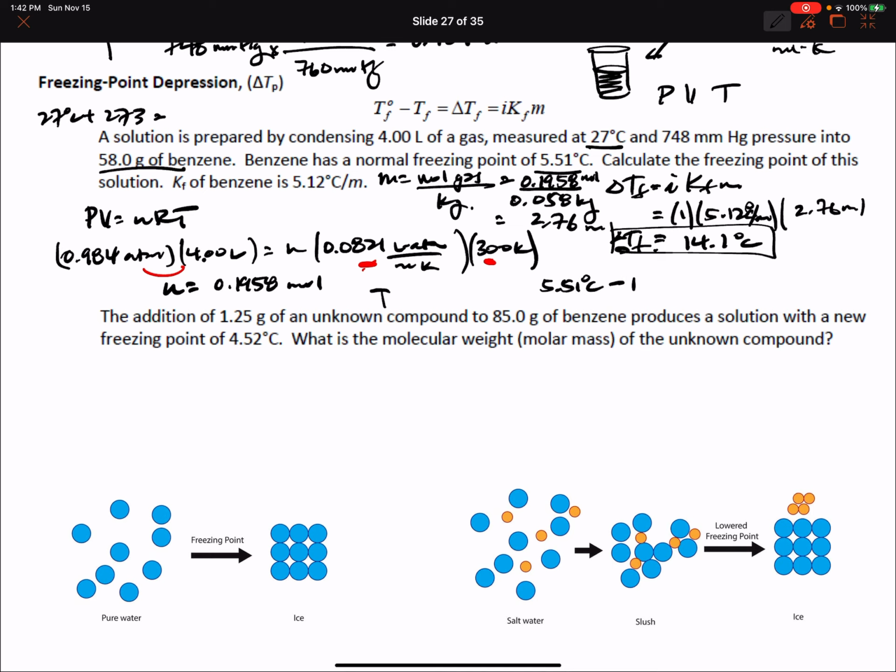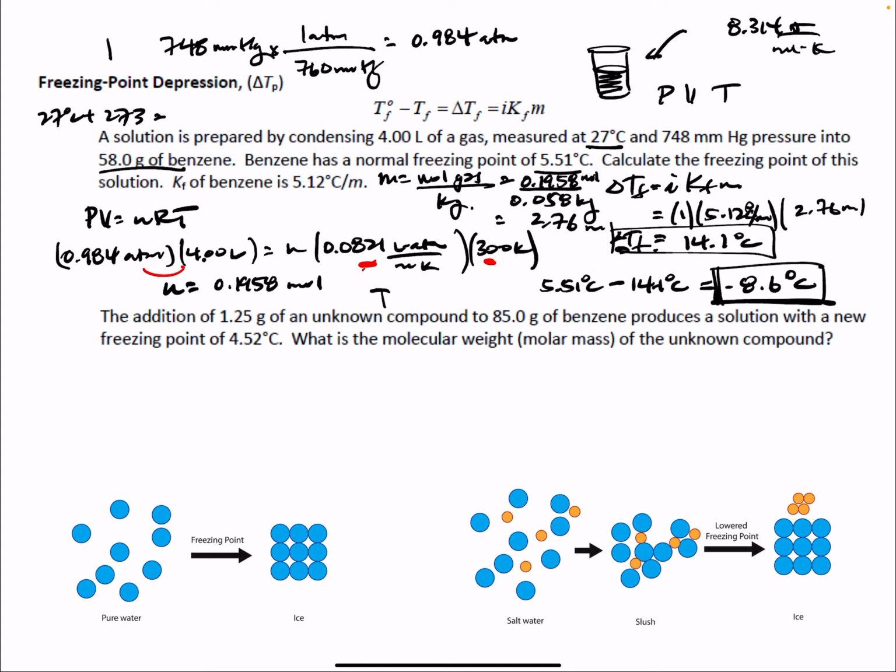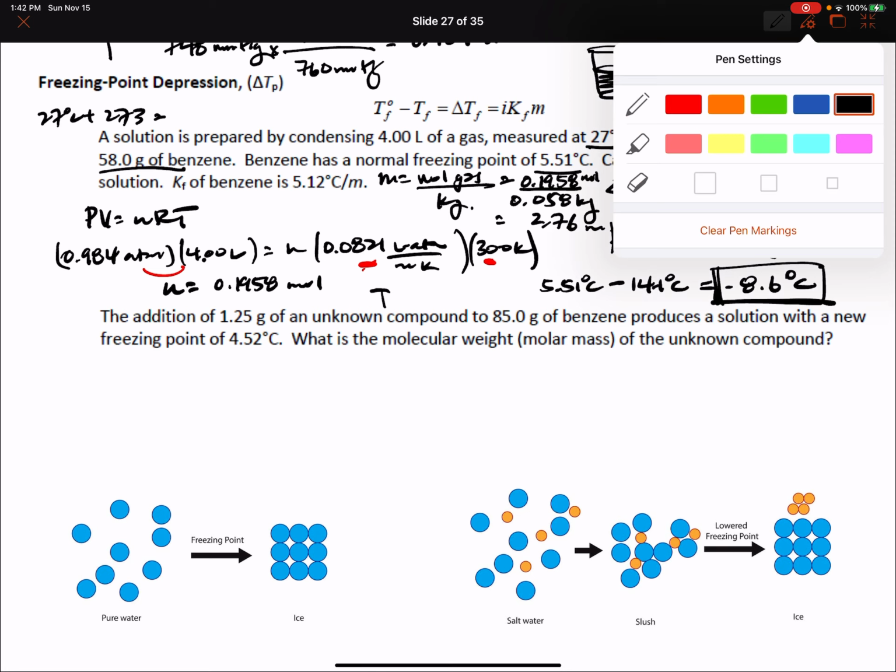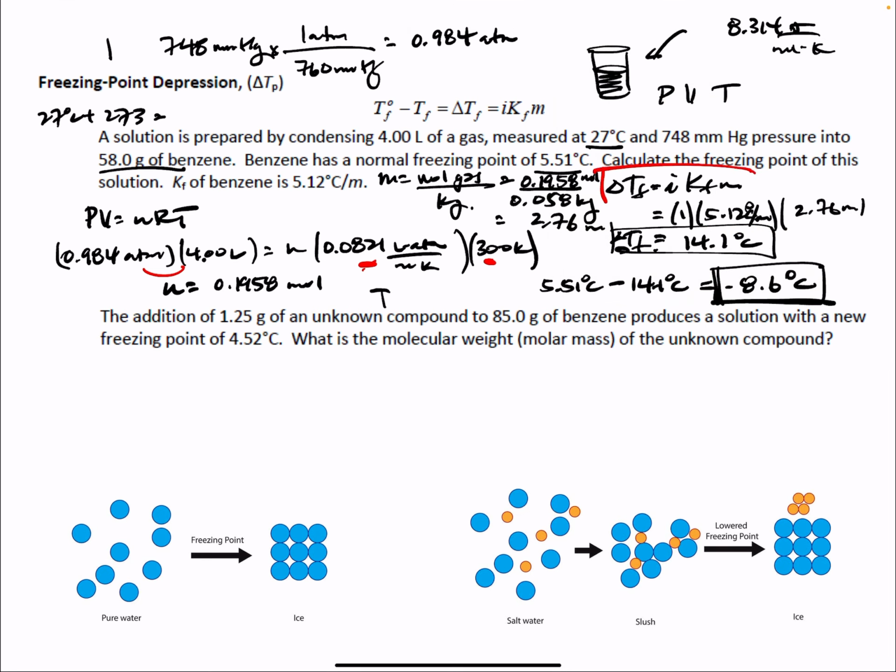So 5.51 degrees C minus 14.1 degrees C equals negative 8.60 degrees Celsius. So this is the new freezing point of the benzene after we dissolve this gas in there. Again, we're just using the freezing point depression equation, which is basically the same as the boiling point elevation equation. But I gave you molality in a fun way using PV equals nRT.